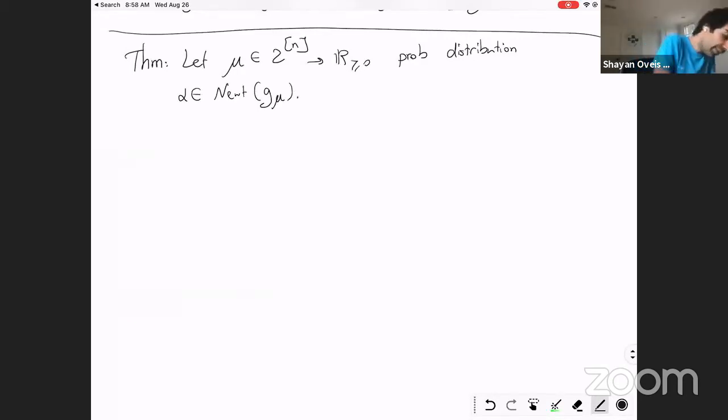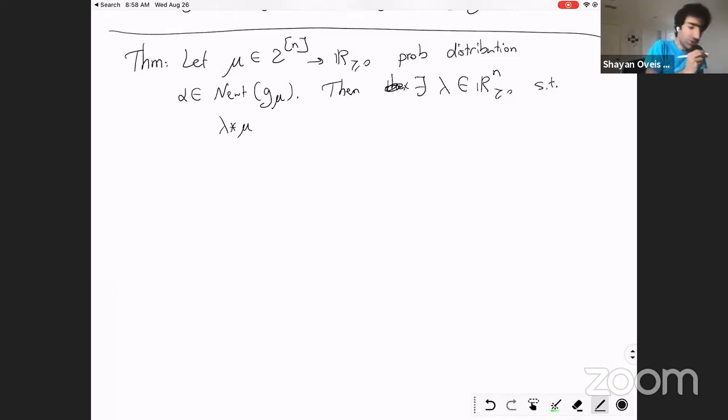Okay. Then there exists an external field lambda. There exist non-negative reals lambda such that if you look at this distribution, so remember we defined this distribution lambda star mu.